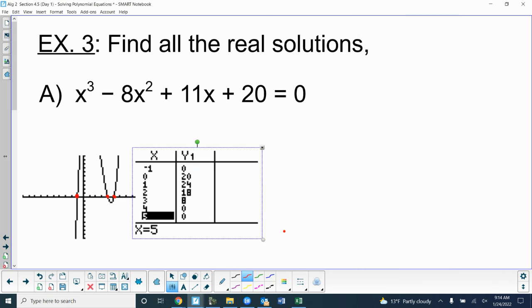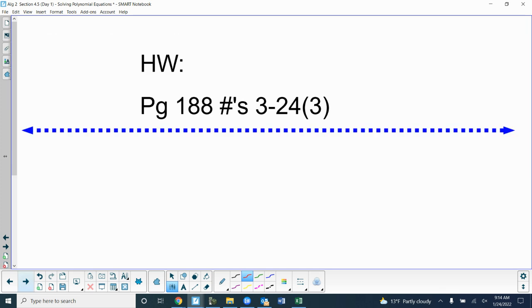So if you just graph it and label these for me, using your calculator, you're listening? Using your calculator, just sketch the graph and label those 3 zeros, that's fine with me. Okay? If you want to try to factor it, you can, but I don't know if that factor is very nice. I don't think it does. Okay? We don't have time to go forward to the last example, but that's okay. There's your homework.